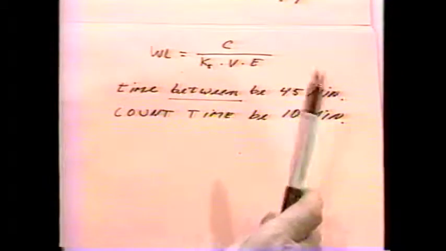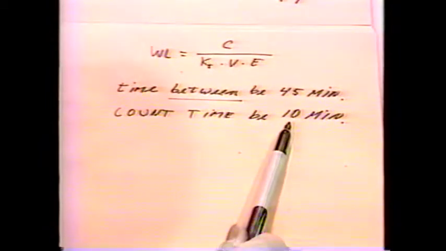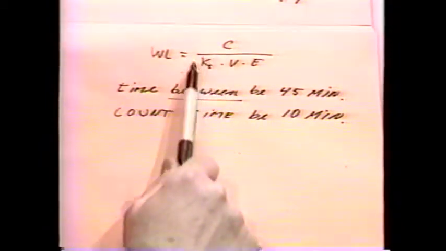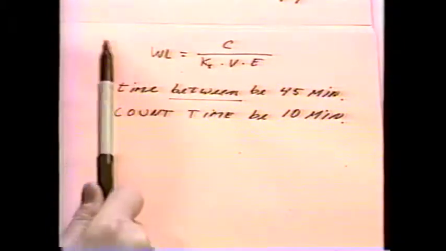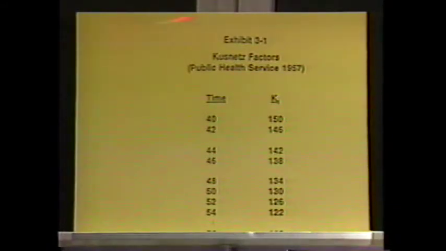If the count time is 10 minutes, then even during this 10 minutes, some of the daughters will have decayed. So what correction do we use? What time correction do we use here? And if you look at the chart in the very next page, you will see that we have time listed here, and then we have the correction factors listed here. Now what time should we use? Well, we should use the total time that passed from the moment we removed the filter from the sampler to the middle of this 10-minute period.